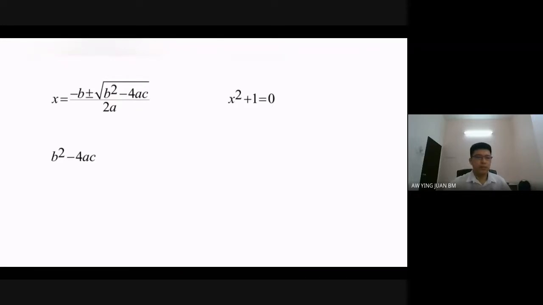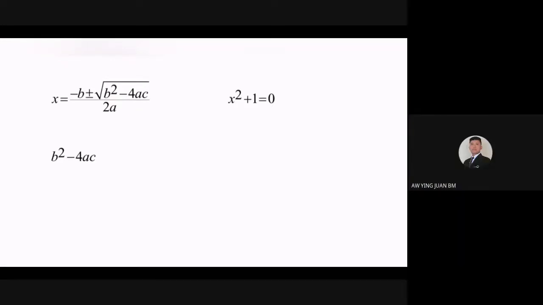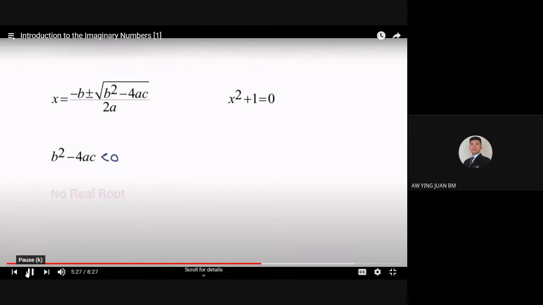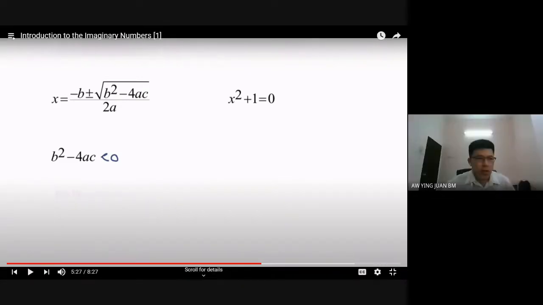Do you still remember that while finding a solution of a quadratic equation by using the quadratic formula, if the discriminant b squared minus 4ac was negative, we say that there are no real roots of the quadratic equation? So hopefully you still remember discriminant, okay, where we have greater than 0, which means two distinct roots.